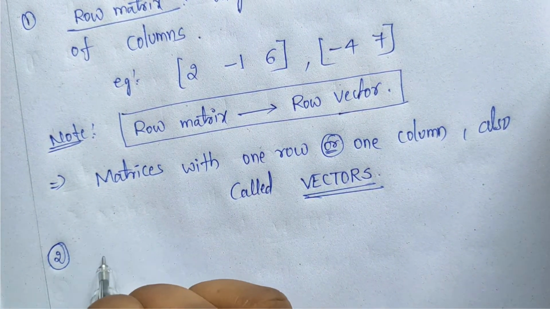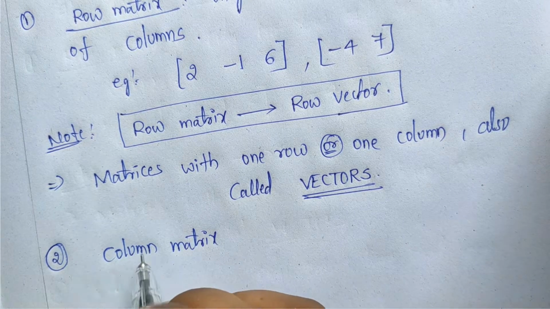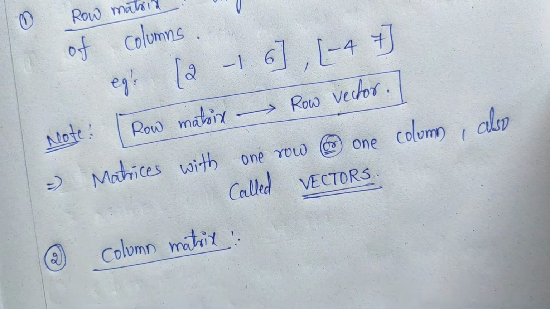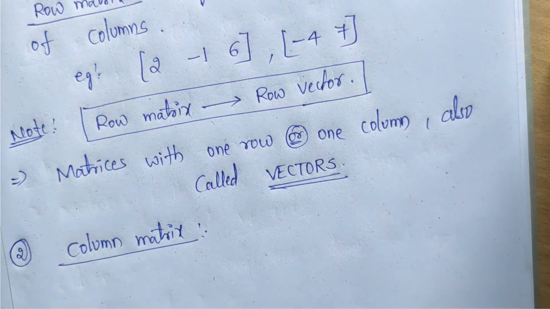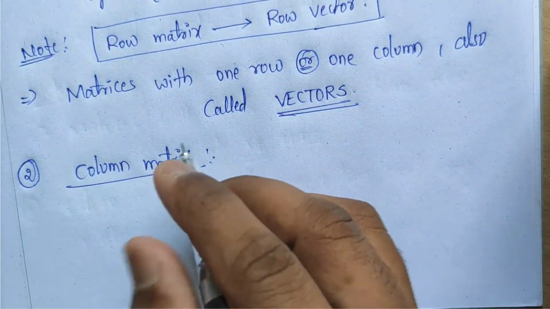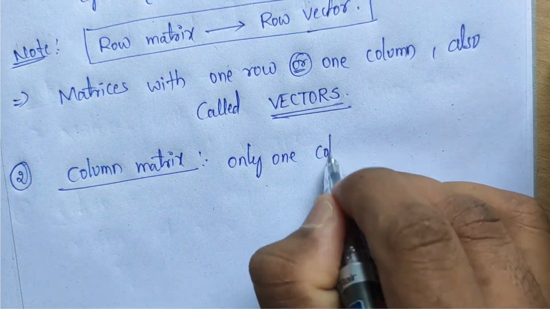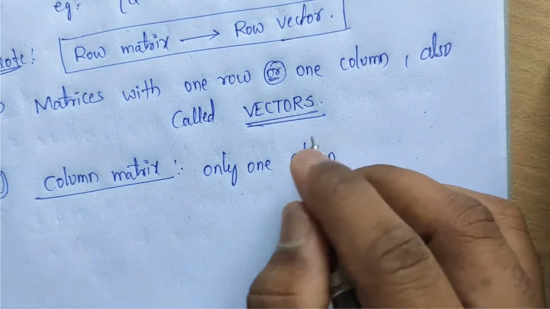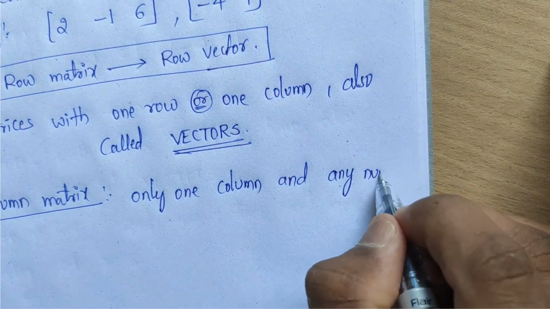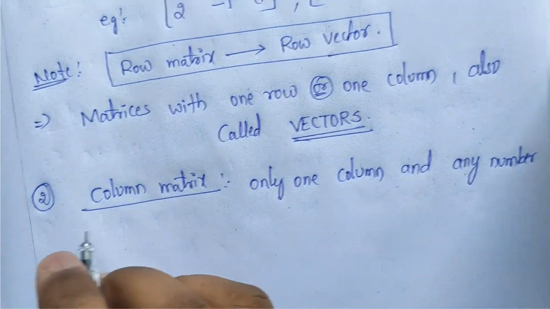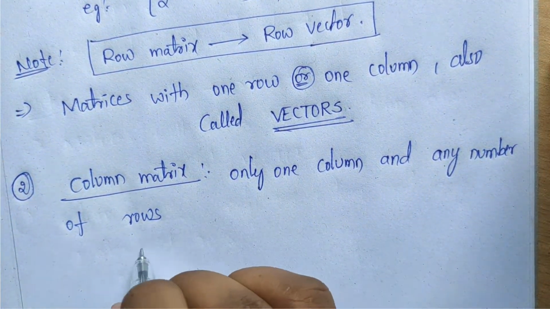The second type, column matrix. Column matrix: only one column and any number of rows is called a column matrix.